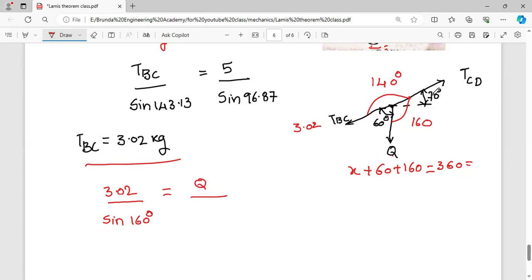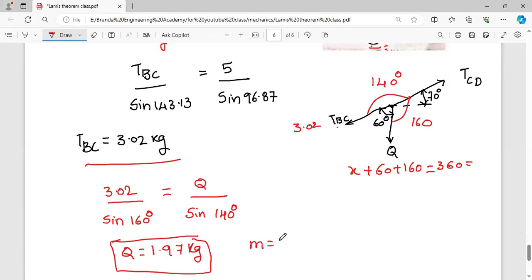What is the angle between those two forces? 140 degrees. By simplification, using the calculator, 3.02 by sine 160 into sine 140, then you get 1.97 kg. So the mass equals 1.97 kg.